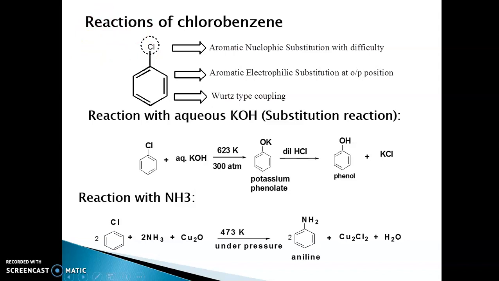This C-Cl bond is quite a strong bond, and it is very difficult to break this bond, and hence the replacement of this Cl by another nucleophile is quite a difficult process. So we can say that chlorobenzene does not readily undergo aromatic nucleophilic substitution reaction. It is quite difficult to remove this Cl atom of chlorobenzene.